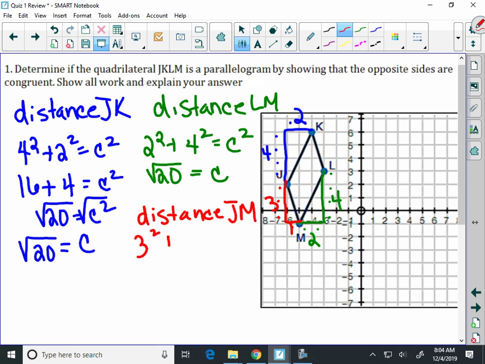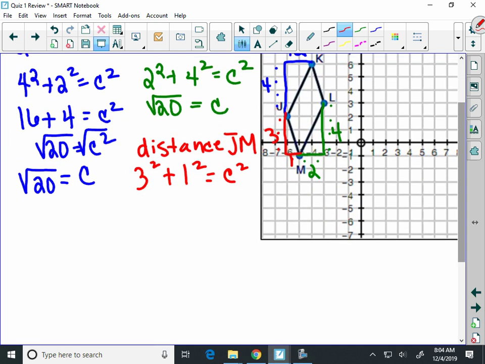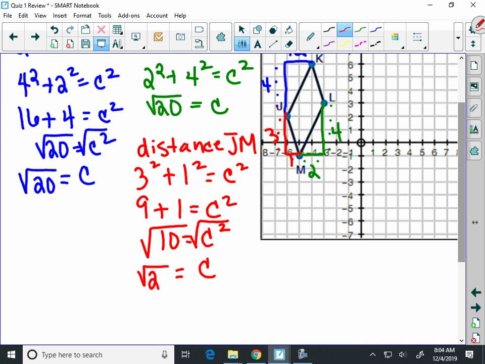It's going to be 3 squared plus 1 squared equals c squared. And this is 9 plus 1 equals c squared. 10 equals c squared. And when we take the square root of both sides, we get c equals the square root of 10.